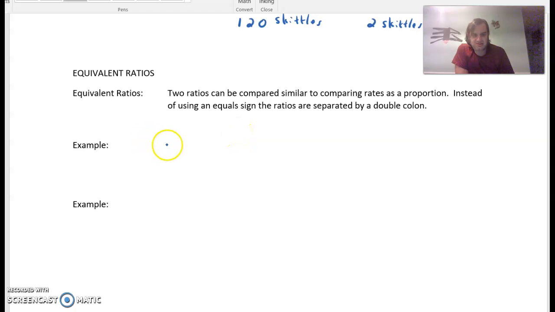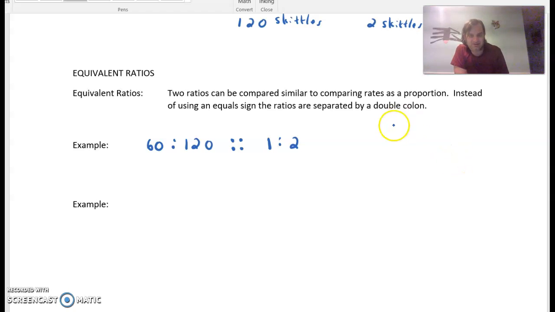So very quickly, an example could be like we just had. We had 60 to 120. Okay. So 60 Starburst to 120 Skittles, that's equivalent, double colon, to 1 Starburst per every 2 Skittles. Okay.